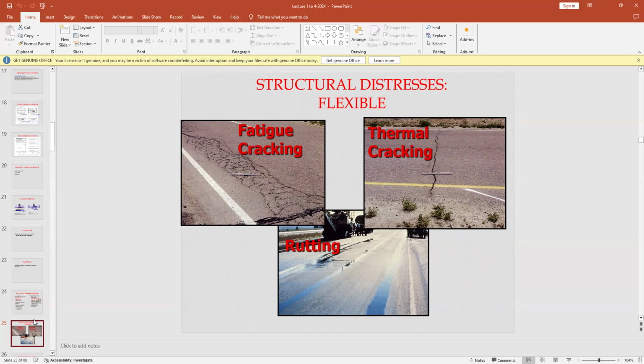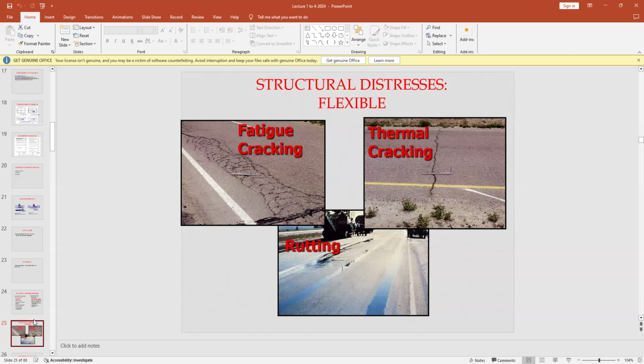This can be due to many reasons. We will talk about why it happens and how it can be prevented. But these are the three types of cracks that fail a pavement. So if you are asked what the three distresses of flexible pavement are, they are fatigue cracking, thermal cracking, and rutting.